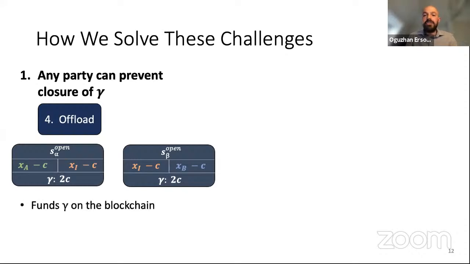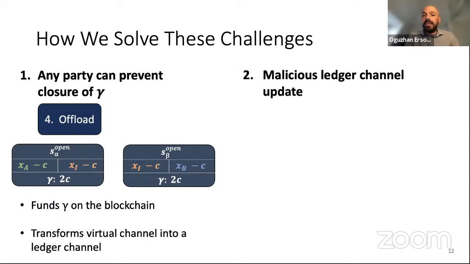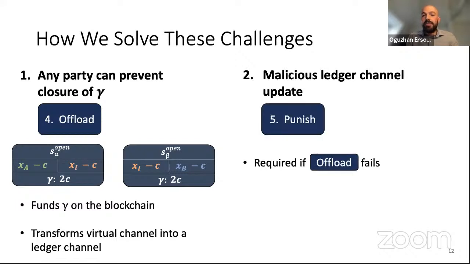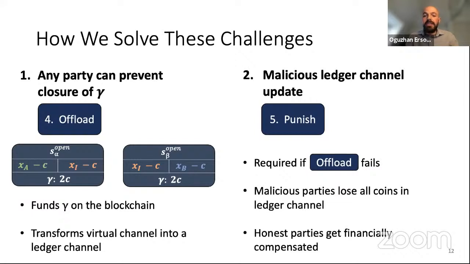Once these ledger channel states are published on the blockchain, our virtual channel transforms into a ledger channel, and then we can rely on the balance security of the ledger channel systems. But if a malicious user updates their ledger channel, then the offload will not happen. For that, we have a punish mechanism. In the punish mechanism, malicious parties lose all their coins and honest parties are financially compensated.